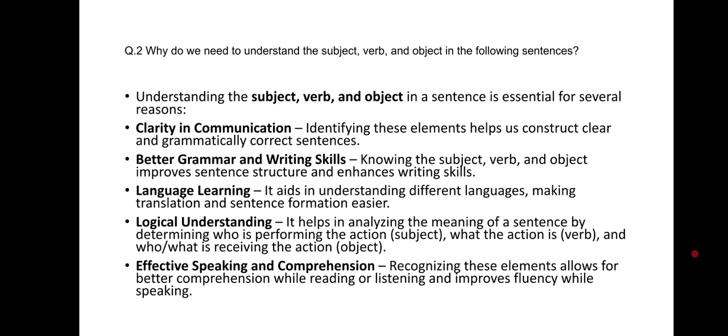It helps in analyzing the meaning of a sentence by determining who is performing the action, which we can call the subject; what the action is, that is the verb; and who or what is receiving the action, which is called the object. And the last reason, effective speaking and comprehension. Recognizing these elements allows for better comprehension while reading or listening, and it improves fluency while speaking.